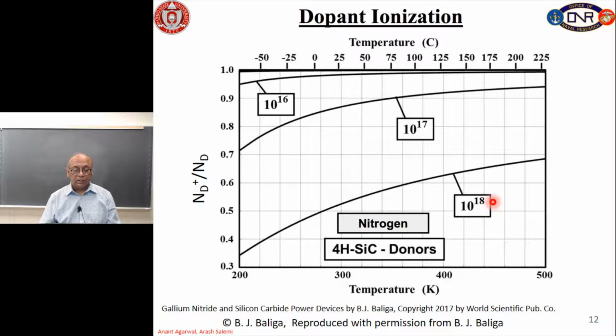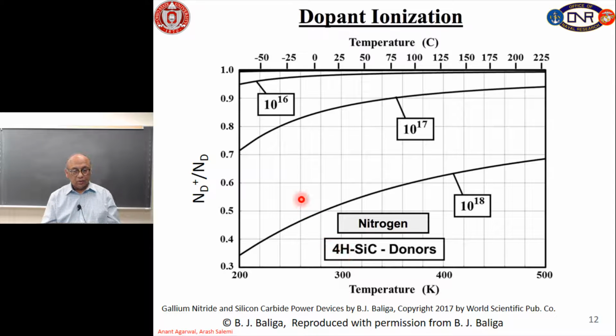So, here is the calculation given from Professor Baliga's book cited below. What we are plotting is the number of donor atoms ionized divided by the total number of donor atoms as a function of temperature. Obviously, as we raise the temperature, it becomes easier to ionize the donor atoms, because electrons can gain enough energy to overcome the higher donor or acceptor level.